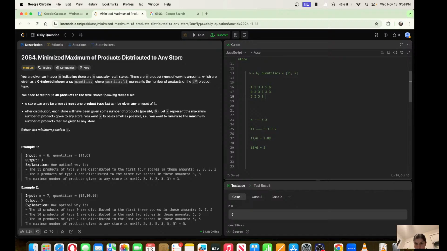for 7 I could do, no, yeah, I cannot do 3 in this case, because 7 would be 3 and 4. 4 5 6 7. Yeah, there is no other way to divide 7, right, other than 3 and 4.